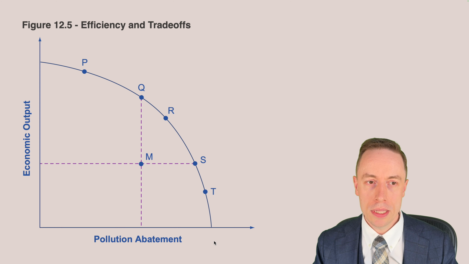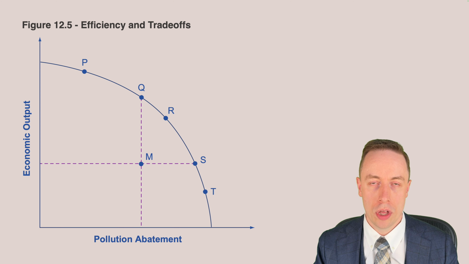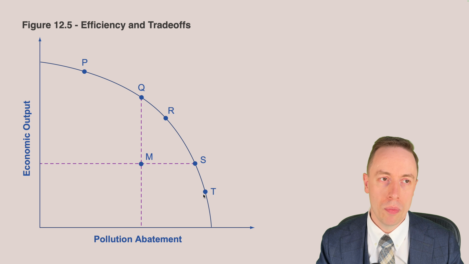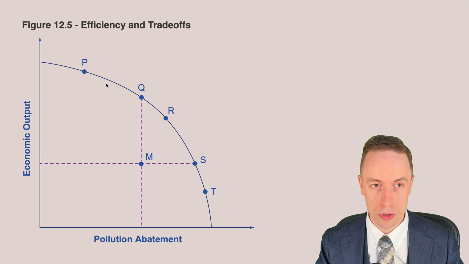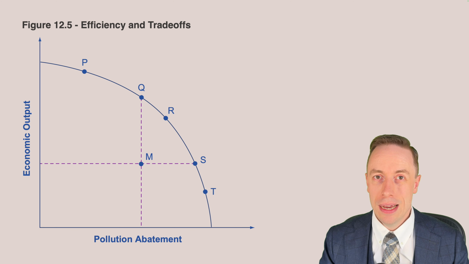Then basically, the way we look at this in economics is the most efficient set of outcomes, here represented by the letters P, Q, R, S, T, are the ones that give us the highest combination possible of these goals. And which of these combos is the right one, P, Q, R, S, T?